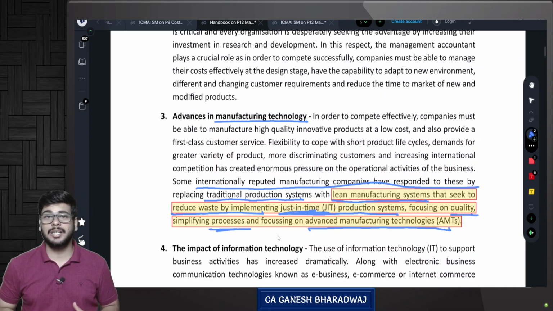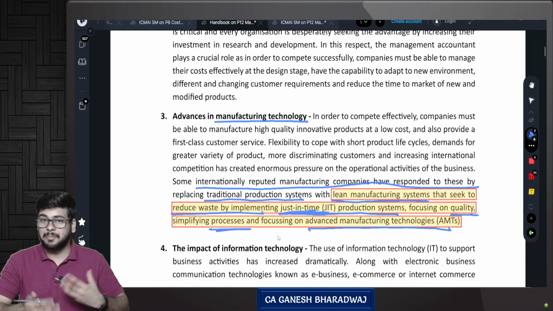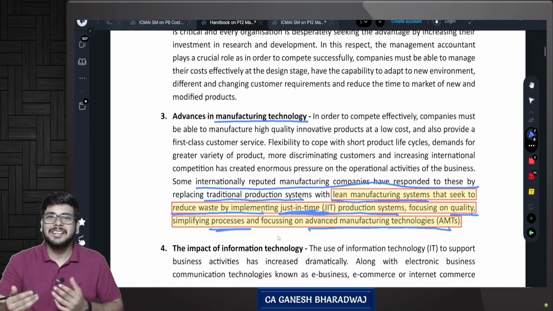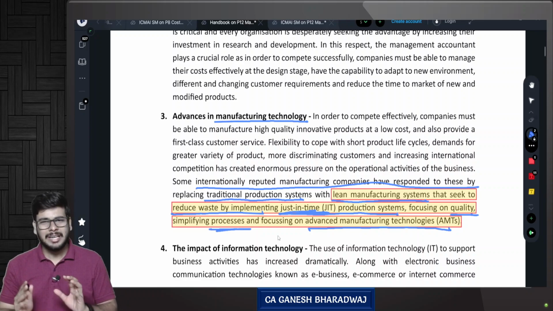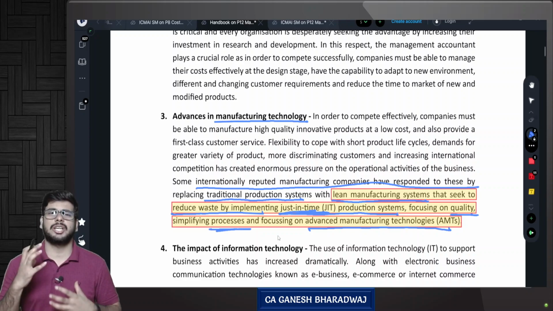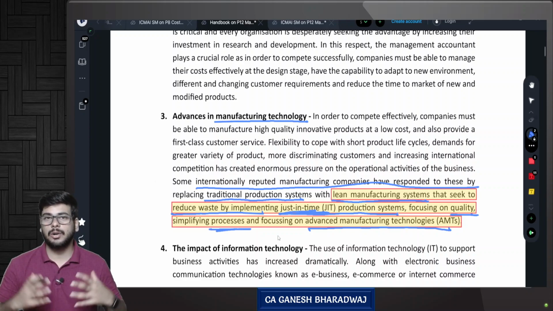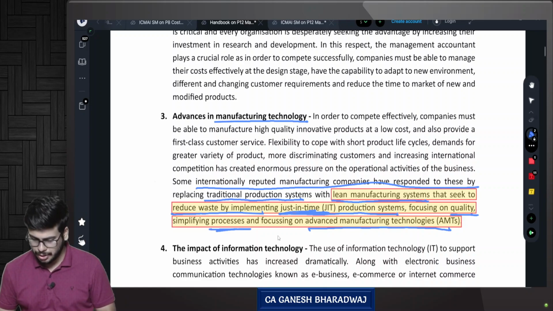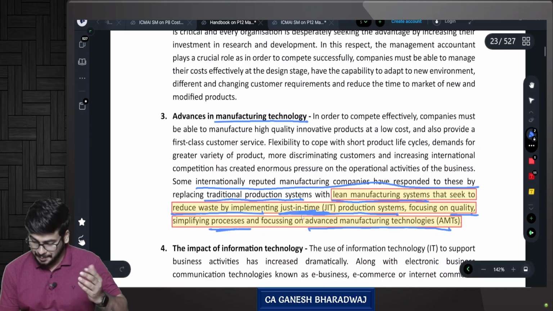It is not like they will prepare and keep, and whenever someone comes, they will give it. No, correct? This concept is called just in time. See, the costing and management accounting concepts are all there in our real life. It's all there around us. Just that if you get the perspective right, you can look at the big picture and appreciate what the subject is all about. Are you clear with this? So reduce waste, this is called lean manufacturing system.